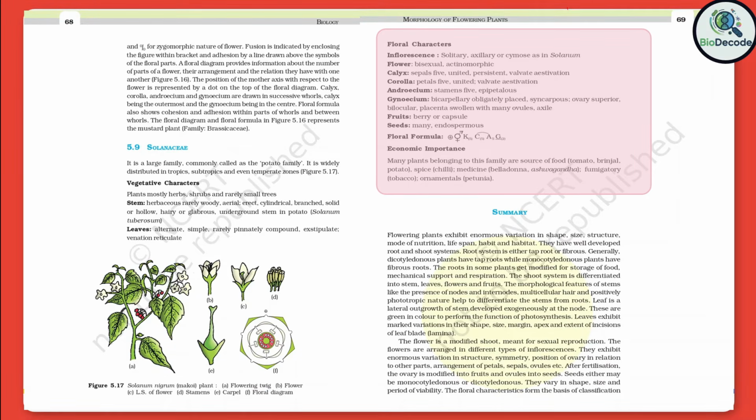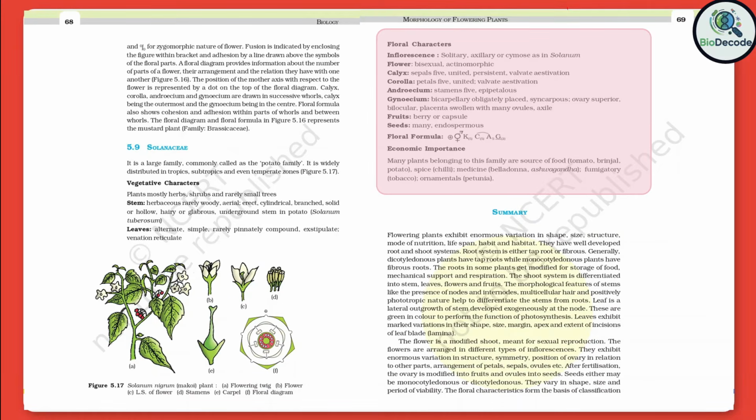So, the complete floral formula for Solanaceae is the symbol of bisexuality, the symbol of actinomorphy, K(5) C(5) A5 G(2) with a line below the 2.